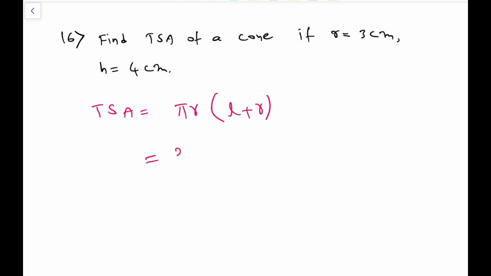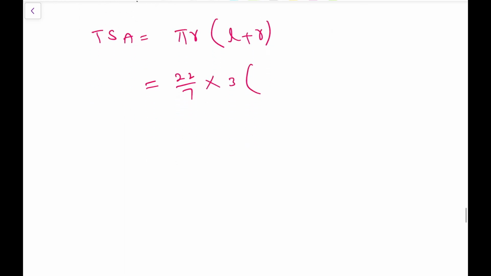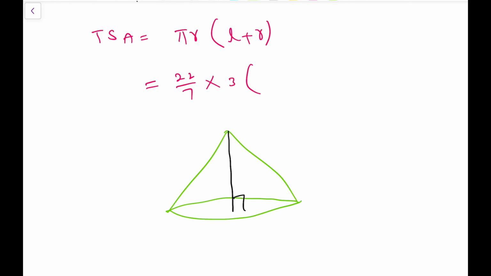Here pi value we know 22/7 into radius is given as 3 into L value we don't know, because as I said previously, in the cone this perpendicular line is called the height of the cone, and the slant line is nothing but the slant height of the cone. So to find out the surface area, we need to know the slant height. But in the question slant height is not given, right? Then how will you find out the slant height? By using the Pythagoras theorem.